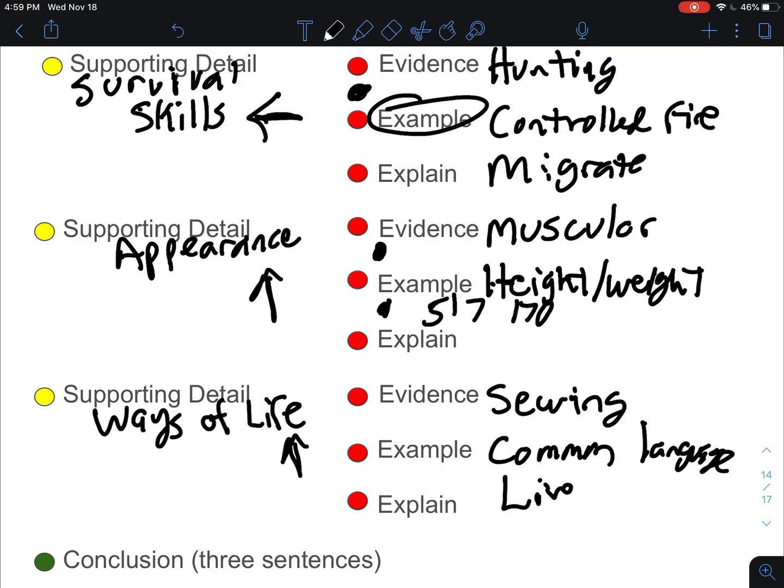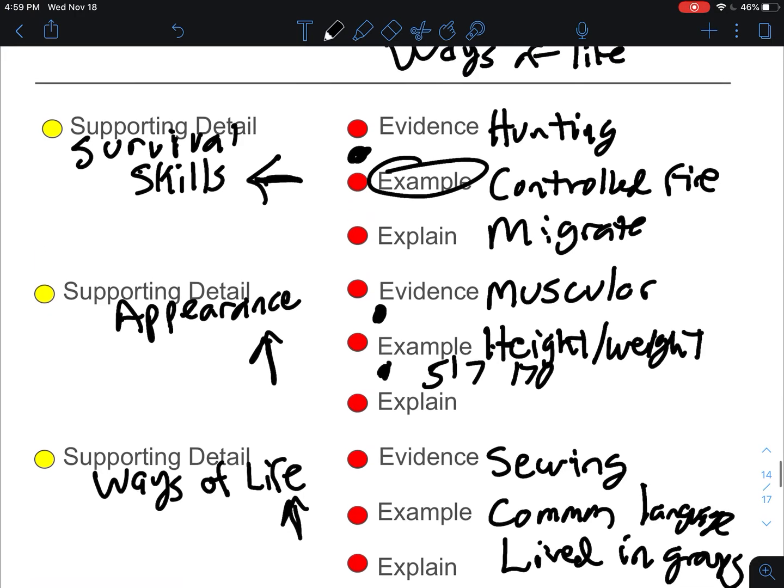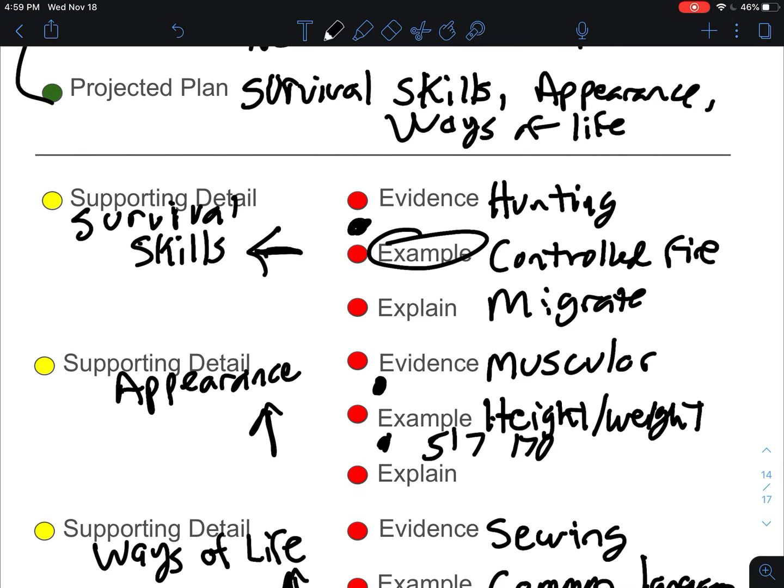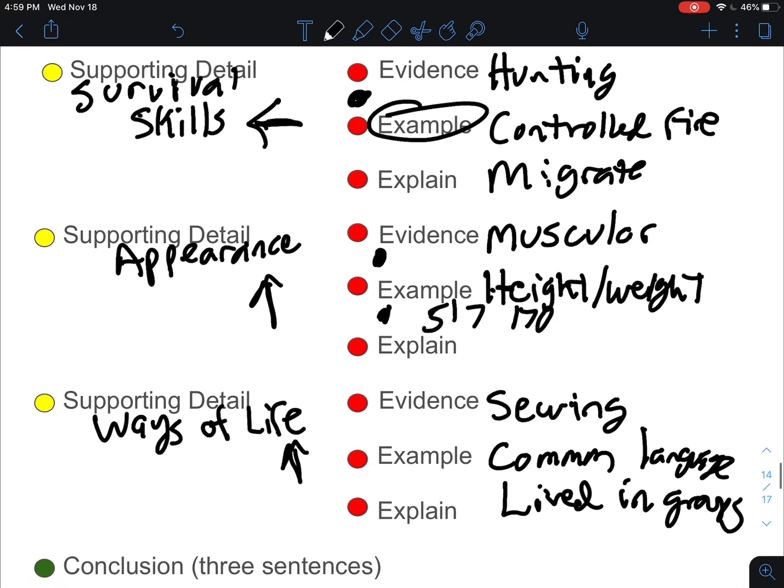Or that they lived in groups, right? And so, again, your T-chart is very important because this is where you're going to organize your information and pull out the most important information to support your topic and show how Neanderthals were developed. So this is a really important step.